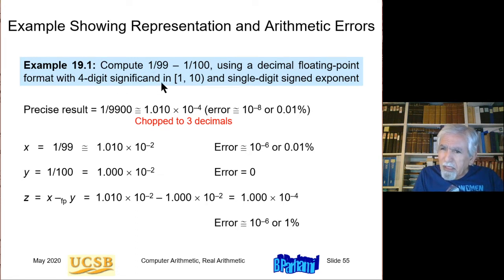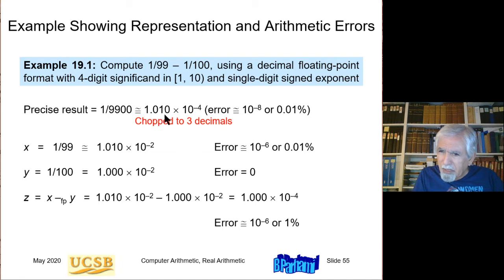First, the exact result of this arithmetic operation is 1 over 9900. That can be easily verified. And 1 over 9900 with 4-digit floating point significant, and a single-digit signed exponent, is this.